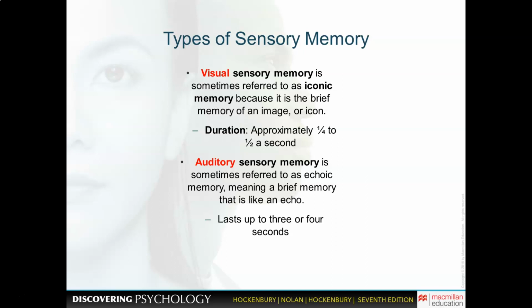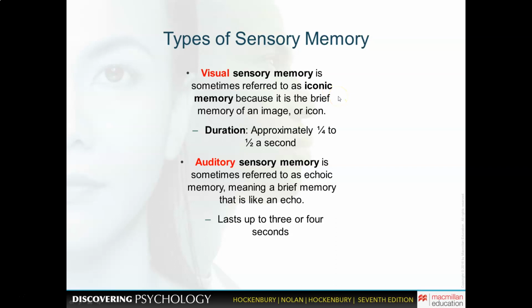So as I mentioned earlier, there are two types of sensory memory. There's what's known as visual memory, okay? And because it's visual type of information, it's also known as iconic memory. Okay, icons, visual type formations.